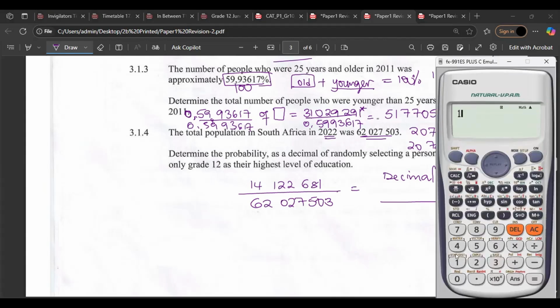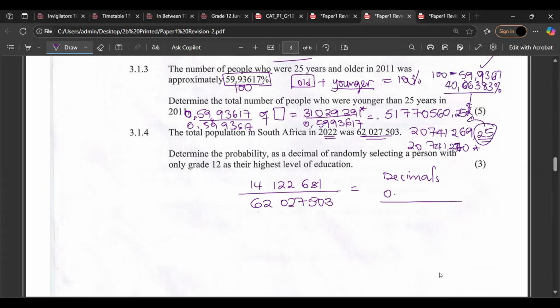It will be 14,122,681 divided by 62 million, 27,303. So the probability is 0.22768, but we usually round off our final answer to 2 decimal places, which will be that much. Probability. Okay.